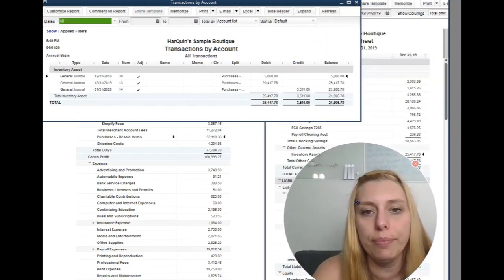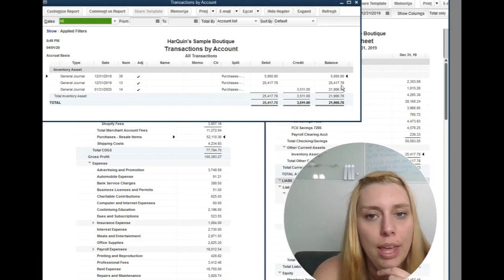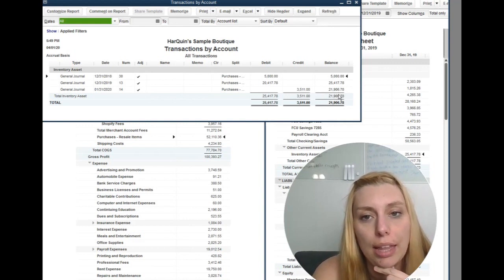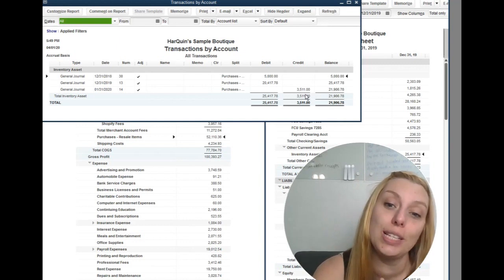So for January, it looks like this boutique ended at this number, but then made an adjustment and lowered it down. So as of January 31st, this boutique only had $21,000. So $3,000 that was originally an asset has now turned into an expense.